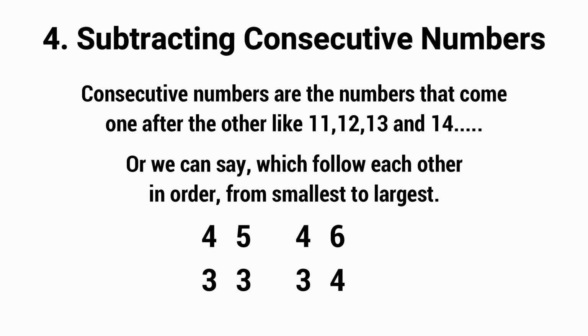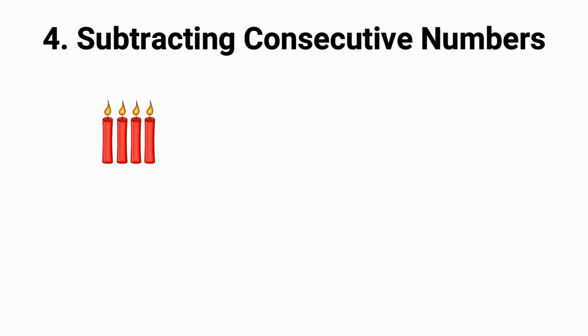Now suppose you have 4 candles with you and you used 3 out of them. How many candles are left? 1 candle. Because you have used 3 candles, only 1 candle will be left.